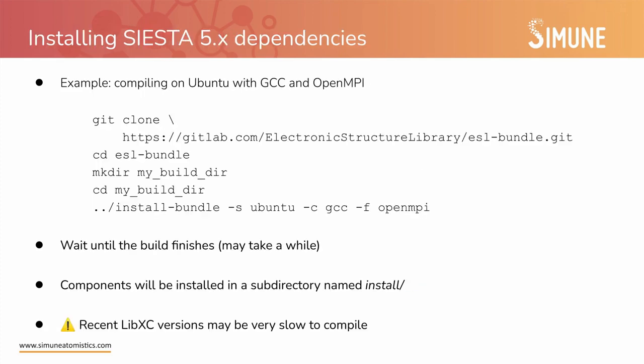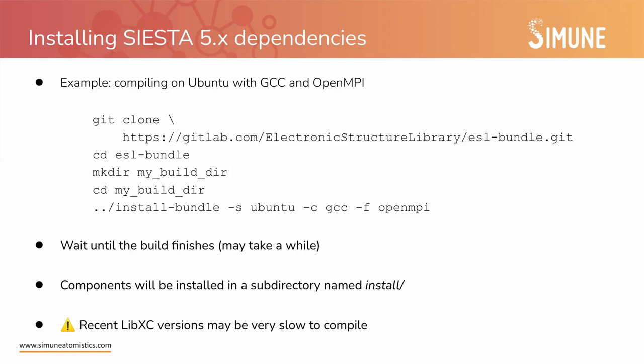So how to use it? Here is an example. I will suppose that you want to compile the libraries on Ubuntu with GCC and OpenMPI, because you want a parallel build of SIESTA. So first you will clone the ESL bundle, get there, create a build directory, and then call the main install bundle script of the ESL bundle with a few parameters.